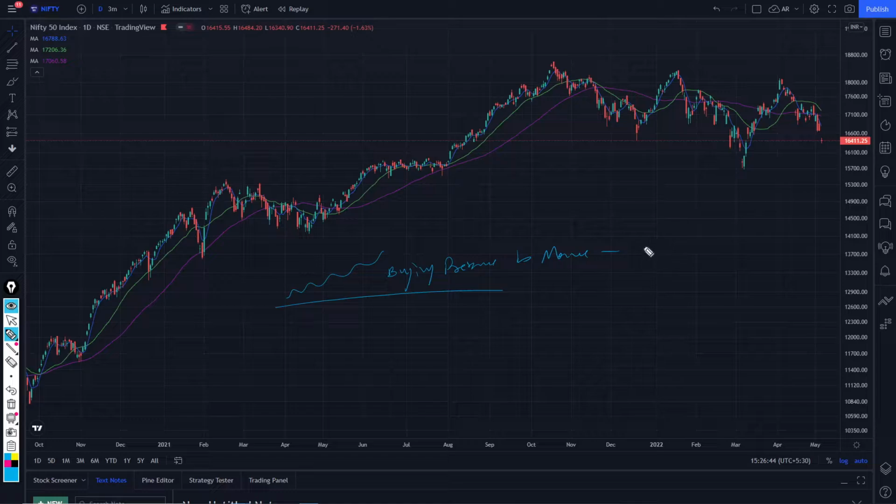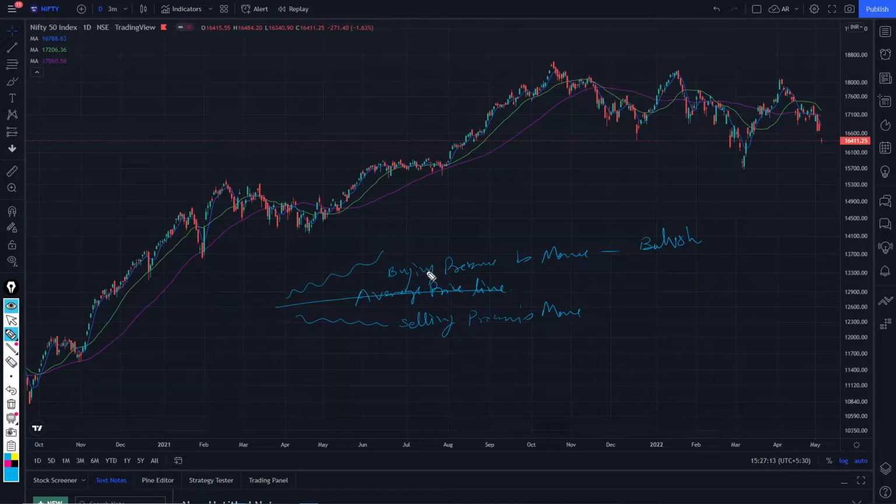That means the share of the market is bullish. If any particular script or stock or market is below the average price line, it means the selling pressure is more as compared to buying pressure.